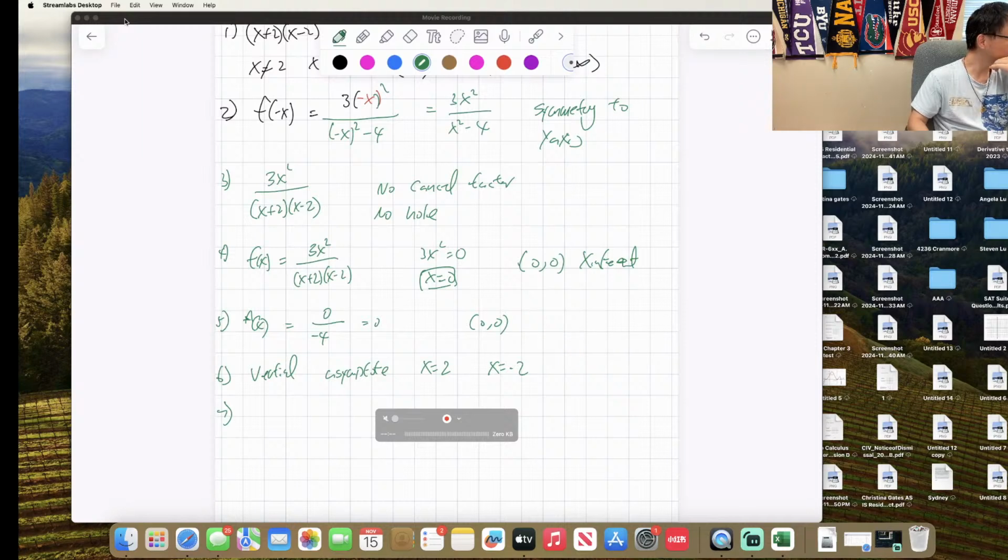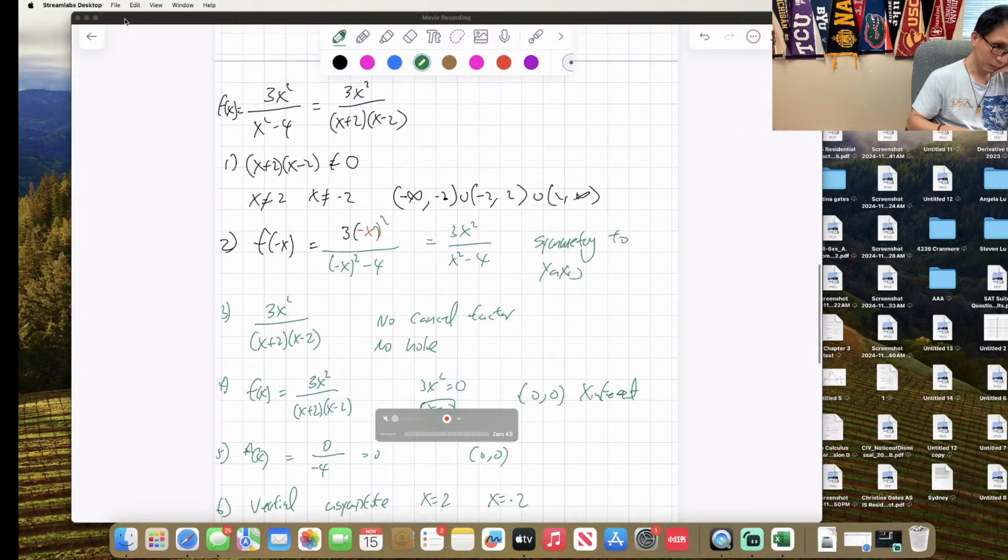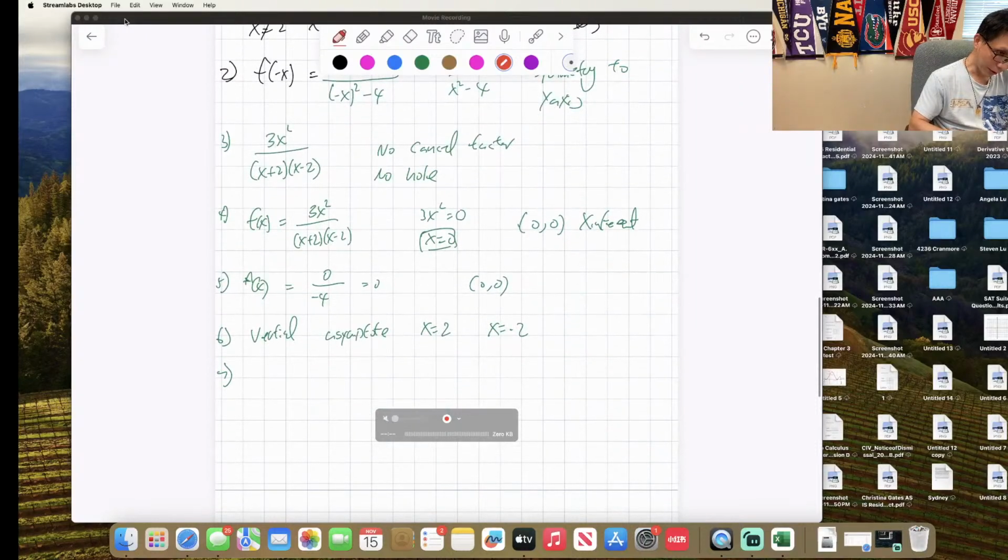Y equals what? Why is y equal to 3? It's 3x squared over x squared, so 3 over 1, right? They have the same degrees, so my horizontal asymptote is y equals 3.